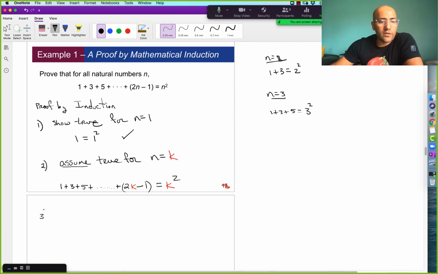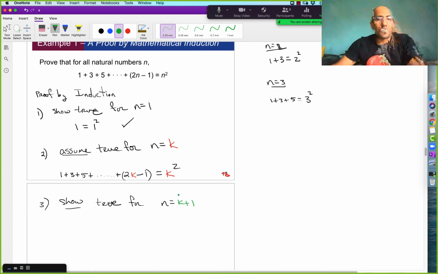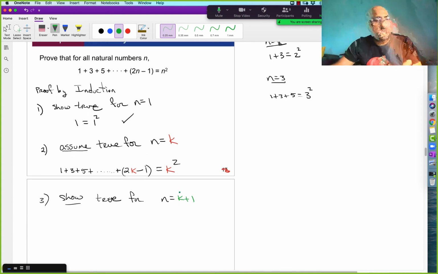But this is where the work comes in. Step 3: now we must show that it's true for the case of n equals k plus 1. It works for k. Assume it works for k. Now show that once that domino gets knocked down, it's going to knock down the one right next to it, the k plus 1.